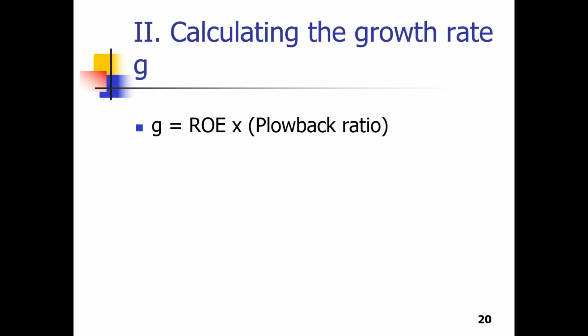So we want to calculate the retention rate, what portion of it is retained. If the company keeps 40% of the profit and pays 60% of it out as dividend, the retention rate is 0.4 and the payout ratio is 0.6. They always add up to 1.